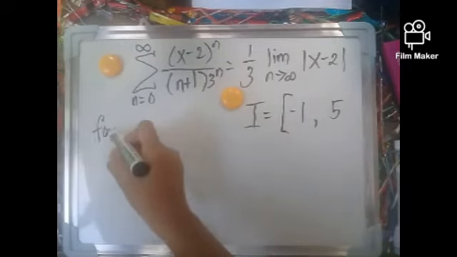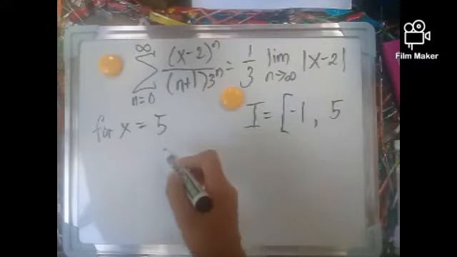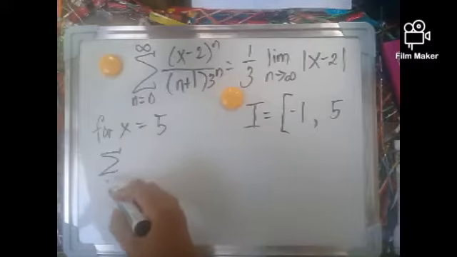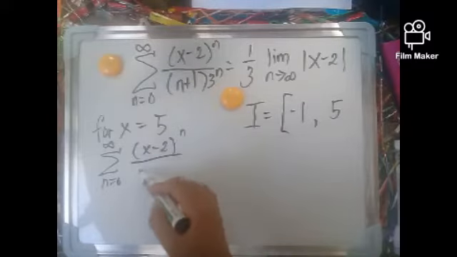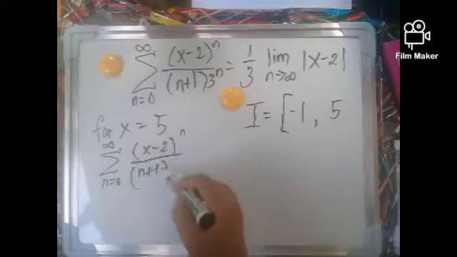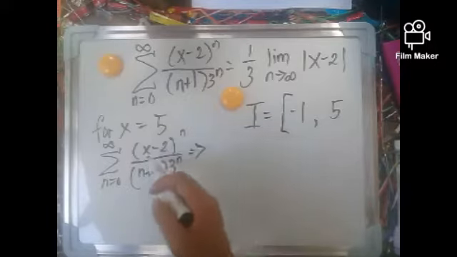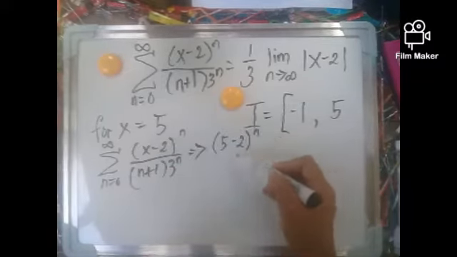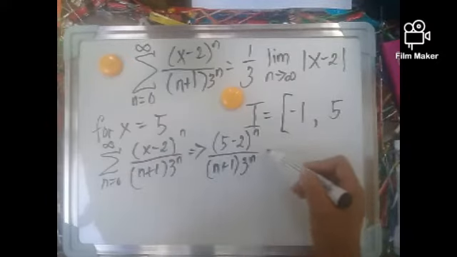For x is equal to 5. So we have here the series of n is equal to 0 to infinity of x minus 2 raised to n over n plus 1 times 3 raised to n. So plug in natin yung 5 sa x. So we have 5 minus 2 raised to n over n plus 1 times 3 raised to n.